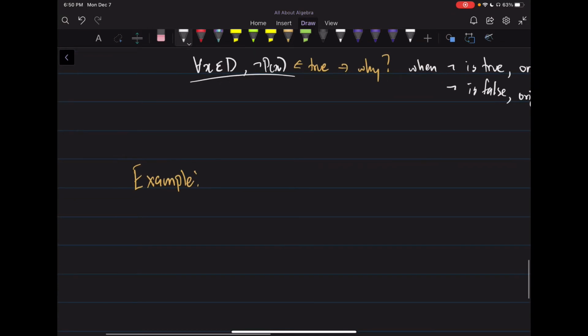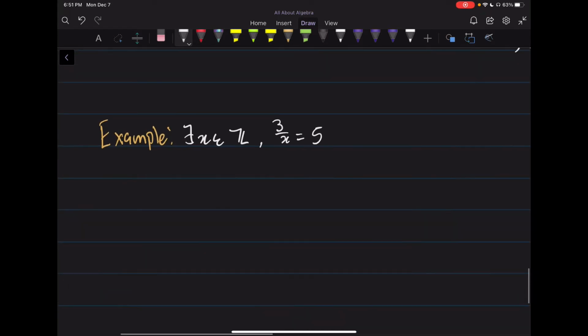Let's take a look at an example where we have there exists x, which is an integer, such that 3 over x is equal to 5. Well, the negation of this would give us: for all x that are integers, 3 over x is not 5.